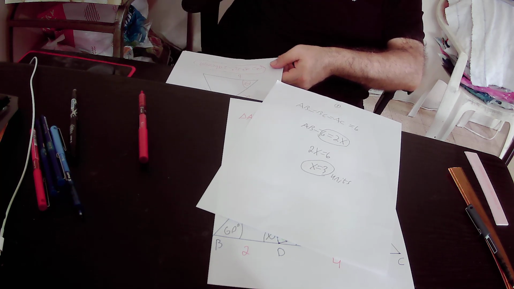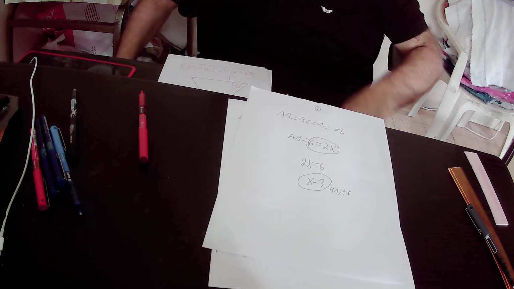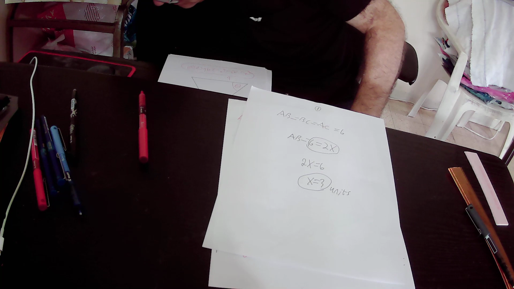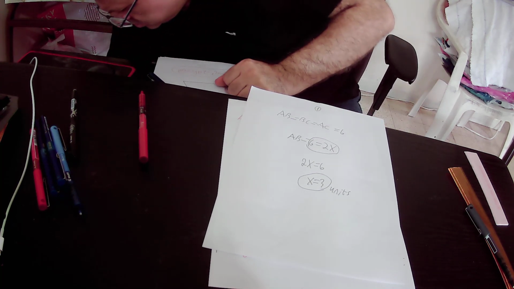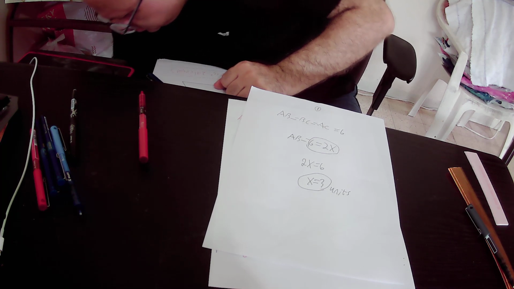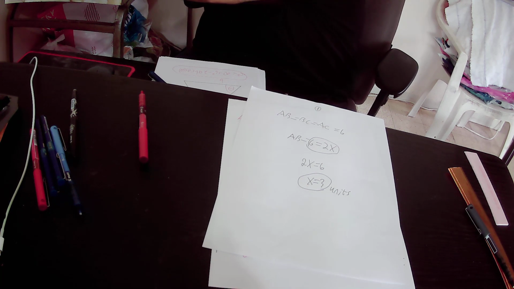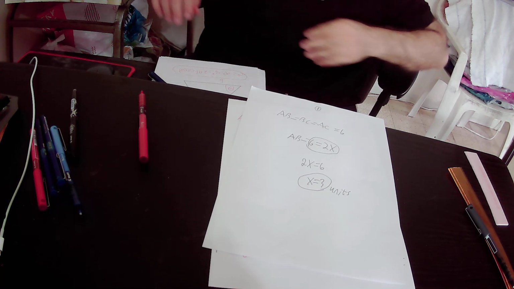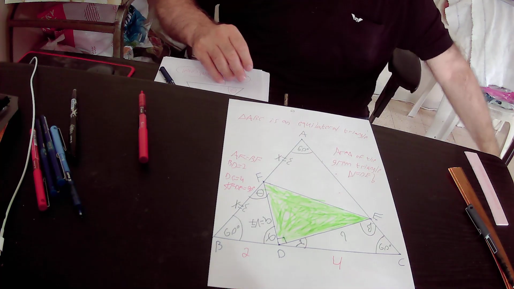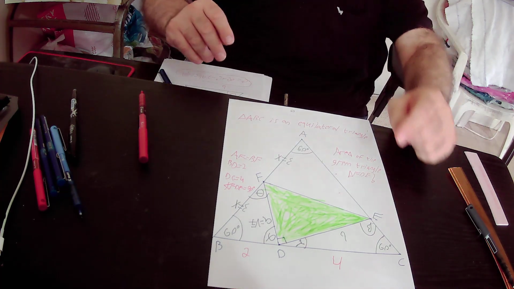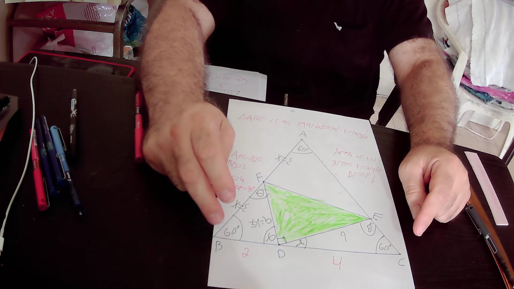So AB equals BC equals AC. What is the size of side BC of the equilateral triangle ABC?